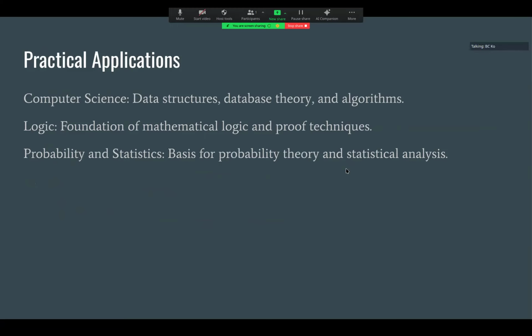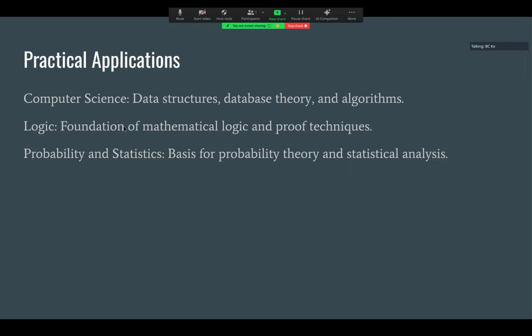Practical applications. Sets are not just theoretical constructs. They have many applications. In computer science, sets are used in data structures, database theory, and algorithms. In logic, sets form the foundation of mathematical logic and proof techniques.